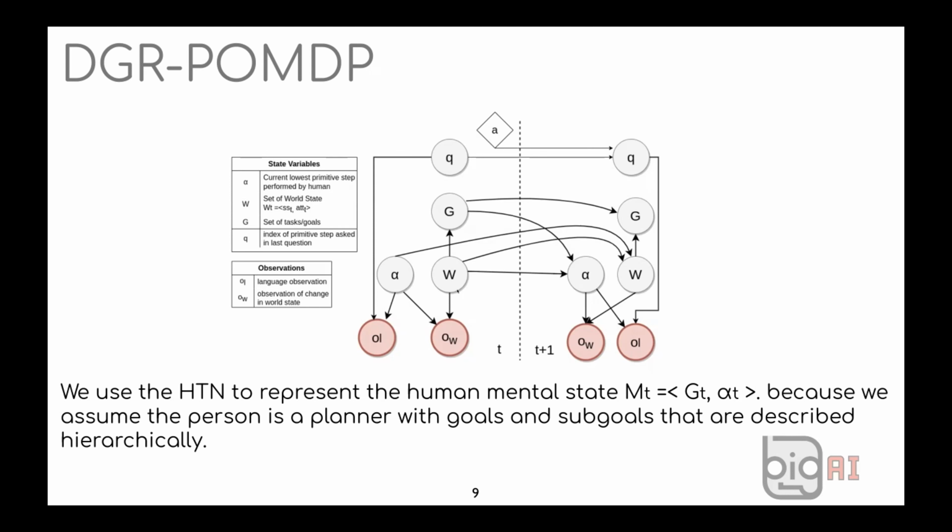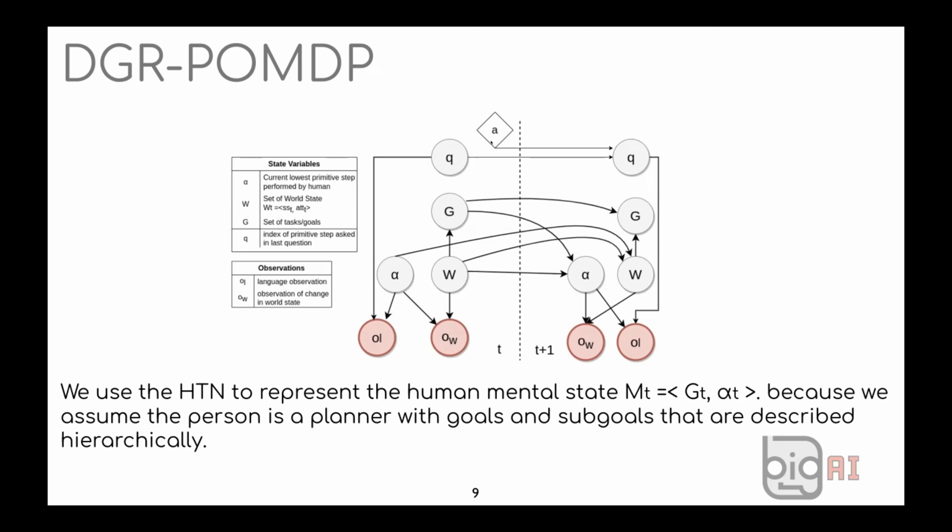Further, we represent W as the world state representation, and Q is the question that the robot has asked. So we represent the dialogue state, the world state, and the human mental state in order to have a belief distribution over the human's progress as the human completes a task.